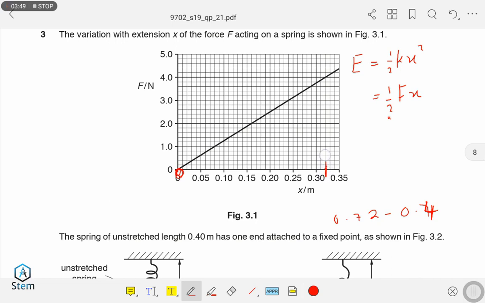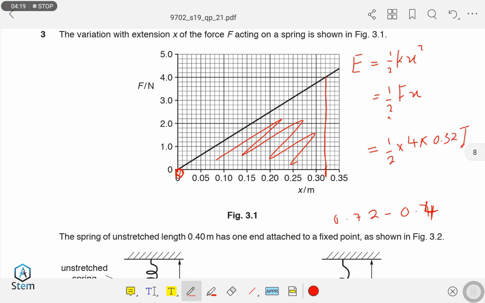Alright, so what is the force at that point? It is 4. Therefore, the area under that triangle, this area, is equal to 1 over 2 times force, which is 4, times x, what is the value of x? 0.32.